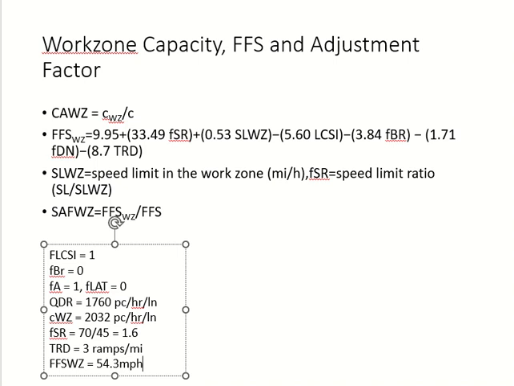Moving on, we will do one extra step, which is calculating these ratios for the adjustment factors. First, calculate the adjustment factor of capacity. We already have the capacity in the work zone. Now I need the normal capacity.